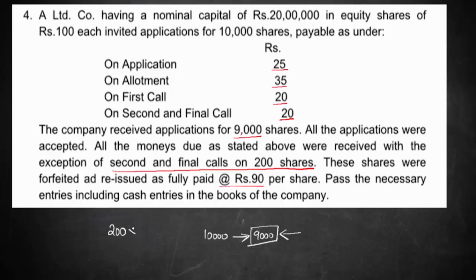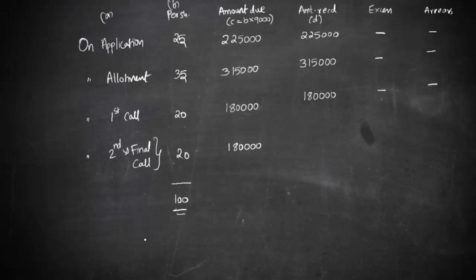On 200 shares this 20 was not received. So what was the amount? That is 4,000 was not received with respect to the final call. So the amount that is due is 1,80,000, but what is received is only 1,76,000. So you don't have any excess, but you have arrears of 4,000.